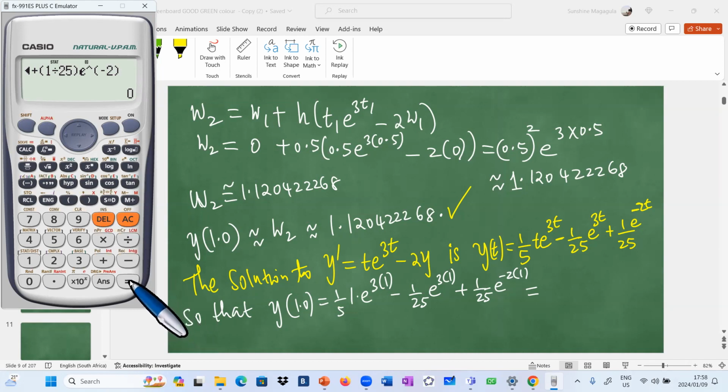Okay, so yeah. It appears that we're getting this value, so I'm just going to take note of it and write it down, and we're going to compare. This is interesting because it's vastly different anyway. It's vastly different. Just note.